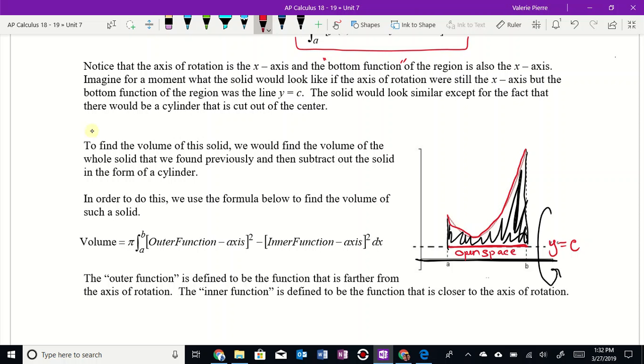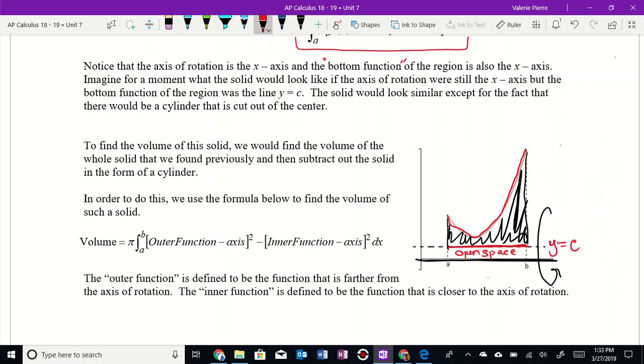So if I were to again draw a cylinder that represented this, really bad drawing skills, it would be way larger than that.